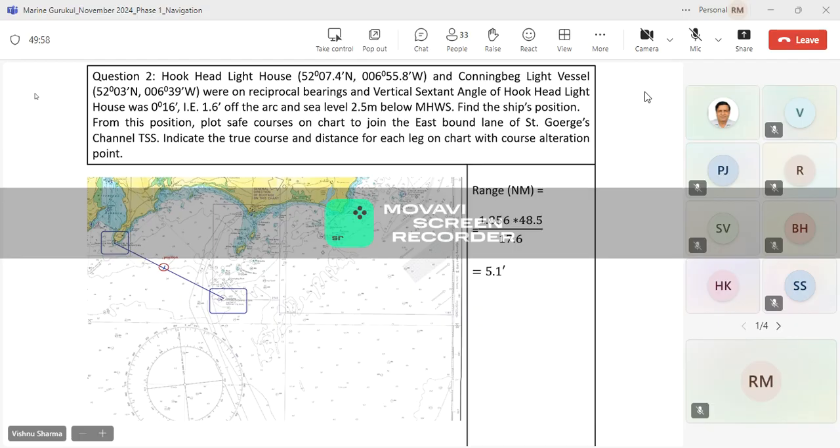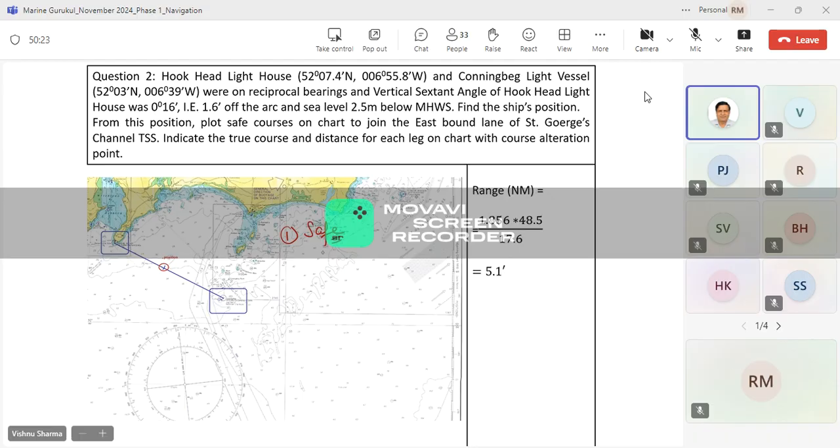Guys, the first and foremost thing expected of a passage plan is that the passage plan must be safe. Your passage plan will be declared wrong if it is determined to be unsafe. That is the first and the most important issue.